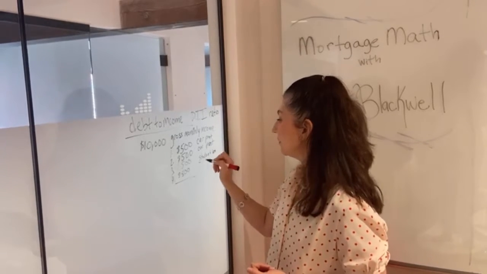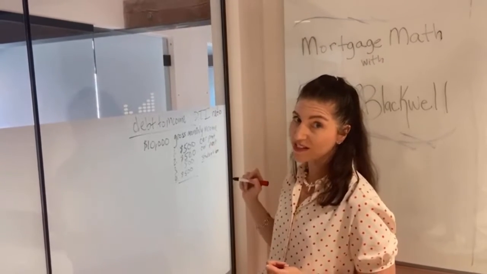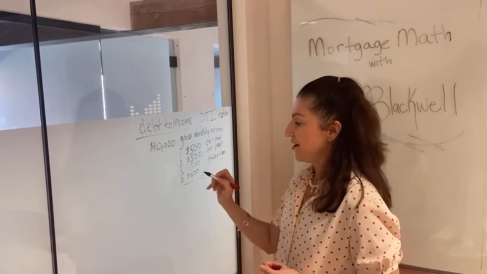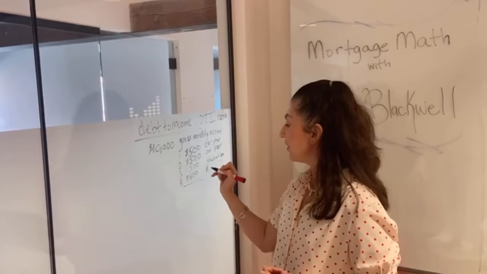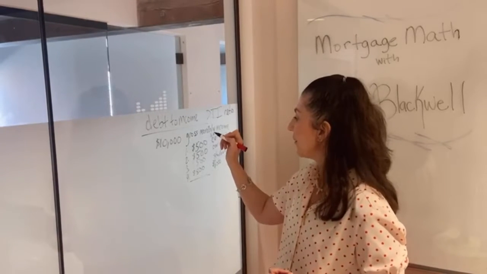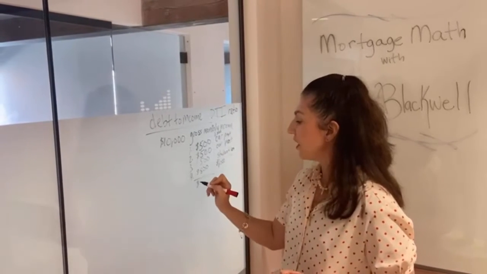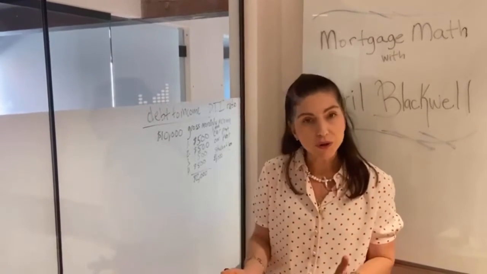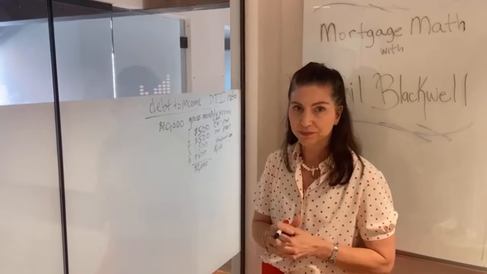This totals, any of my math whizzes out there? How much? $1,000 in student loans, $1,000 in car payments is a total of $2,000 in current monthly debt.